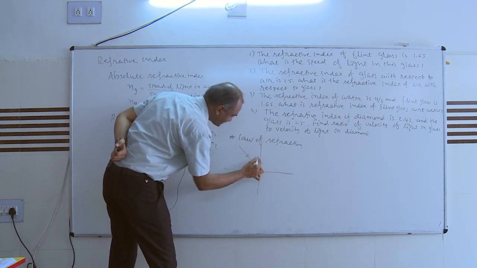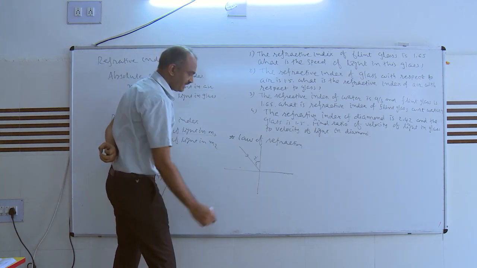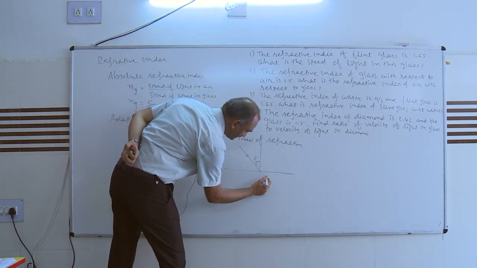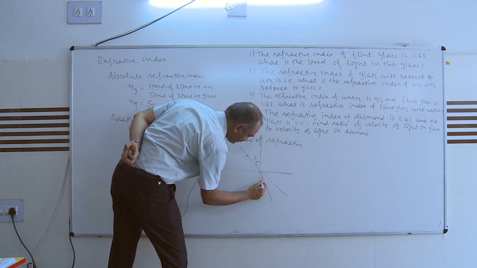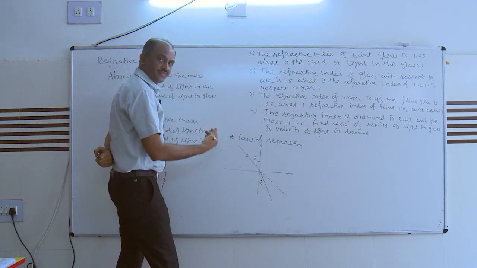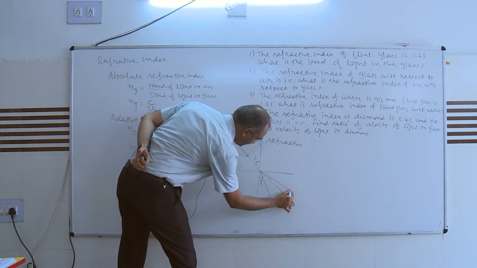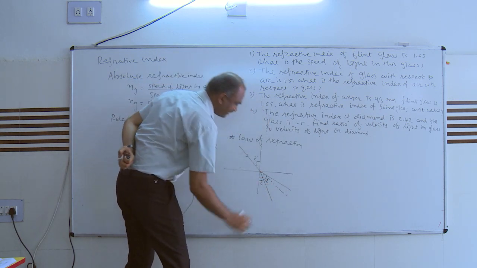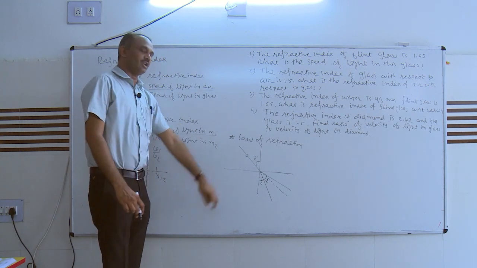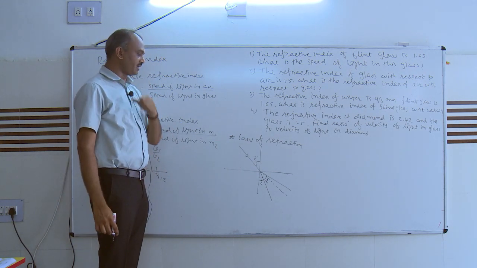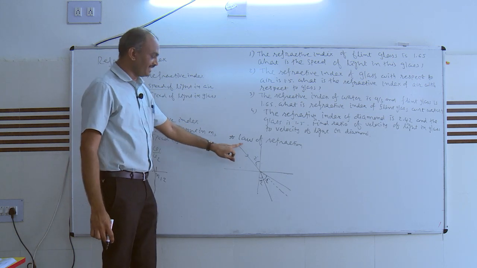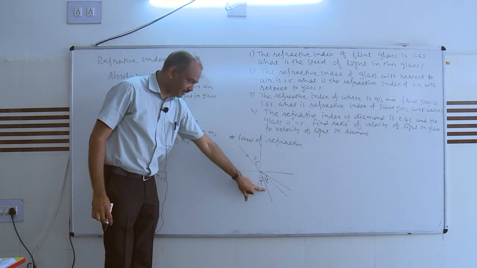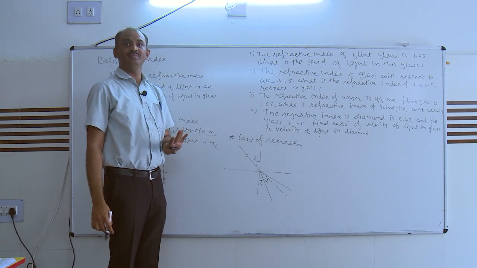Here it makes incident angle I. After refraction, this ray does not travel in a straight line; either it bends towards the normal or it goes away from the normal. There are two possibilities. So for that we define the law of refraction: the incident ray, the normal and the refracted ray lie in the same plane.